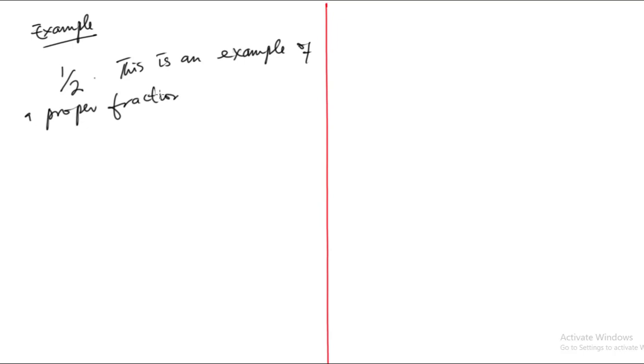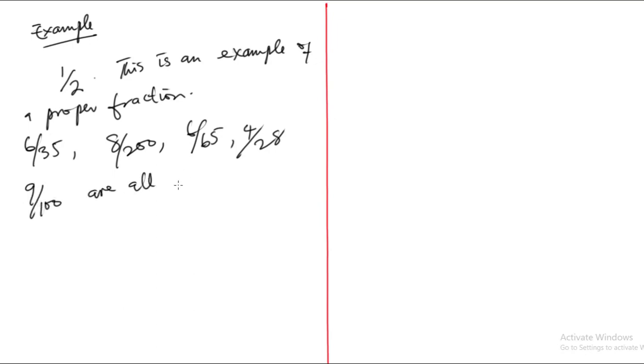So let's take a look at the examples of proper fractions. We have 1 over 2. Since the numerator is smaller than the denominator, it is a proper fraction. Other examples include 6 over 35, 8 over 200, 6 over 65, 4 over 28, 9 over 100, and so on.